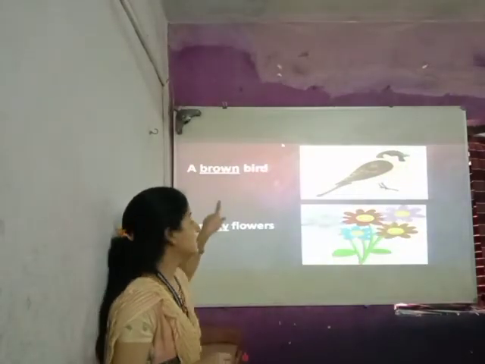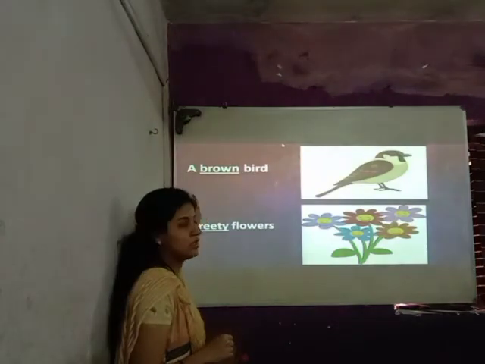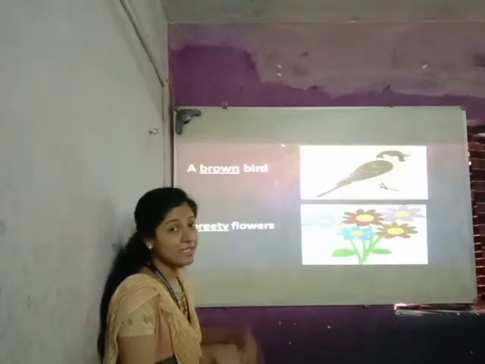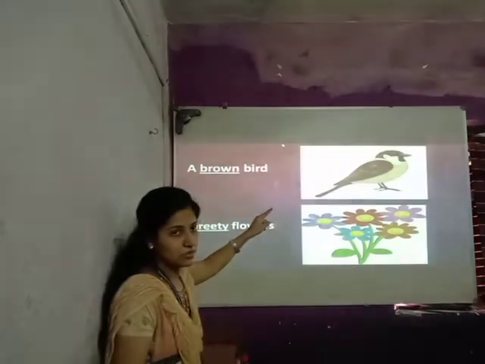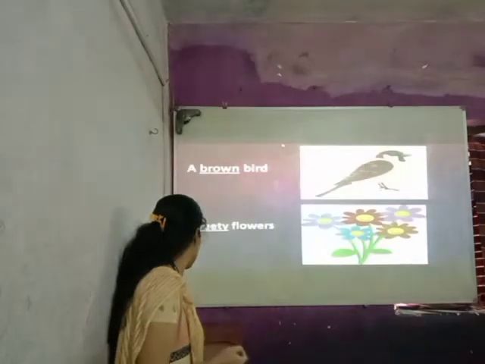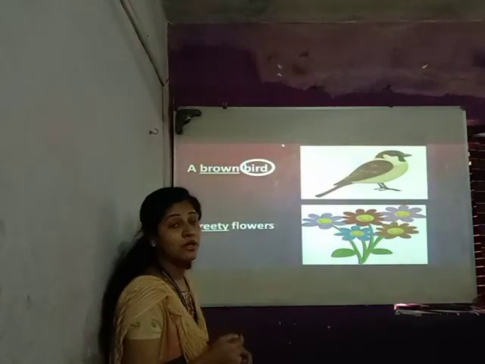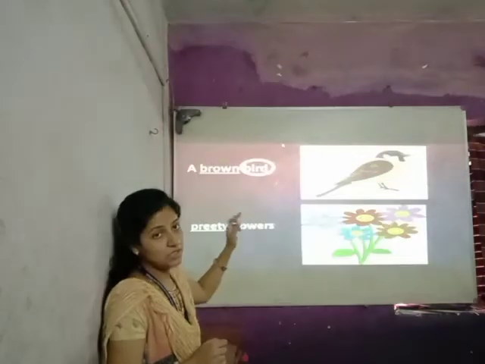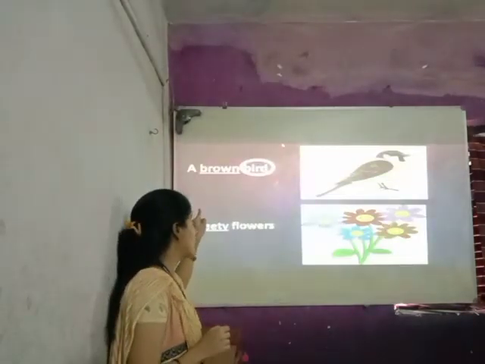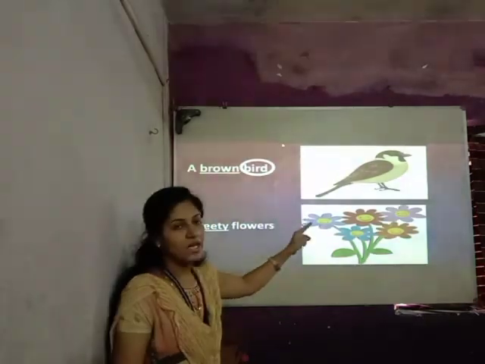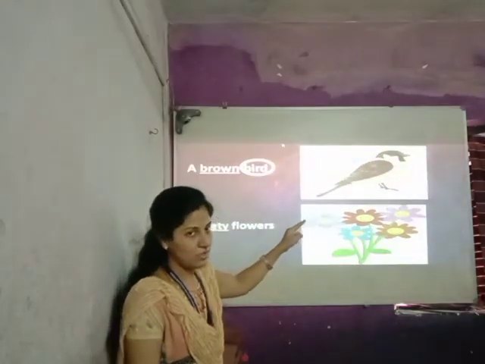So, we have underlined the word brown here. And it describes about whom? It describes about bird. So, bird is a naming word. So, we'll circle this word bird. So, a brown bird. Here, the word brown is a describing word and bird is a naming word.